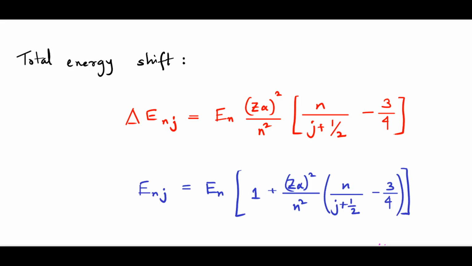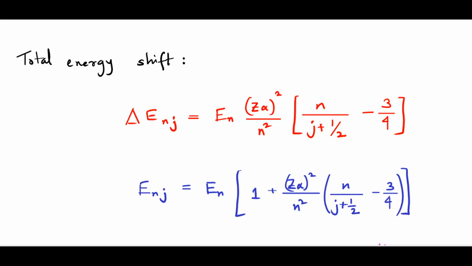But let me point out some features of this expression. This factor that you see in the square bracket at the end, n by (j plus half) minus 3 by 4, is a factor of the order of 1. It's actually typically near about 1, sometimes smaller, sometimes bigger, depending on the value of n and j. But also note that the largest possible value which j can have is actually n minus half. That's because the largest possible value of j is the largest possible value of l, namely n minus 1, plus a half.